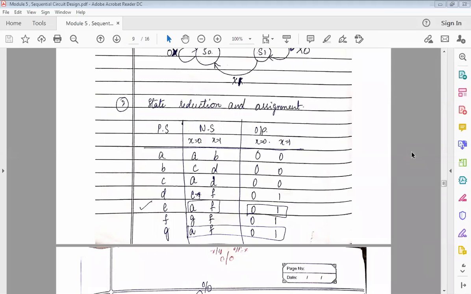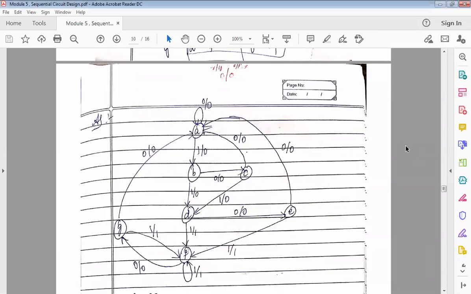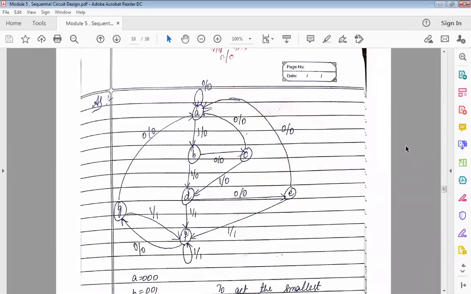Right. So you all can have a look here as to what the diagram is. For those of you who have not done it, you can make a note of it as well.